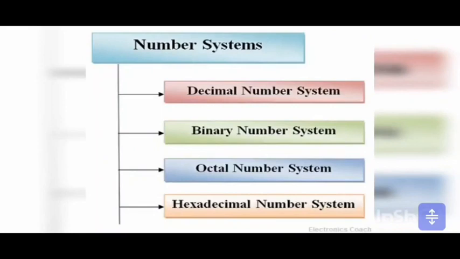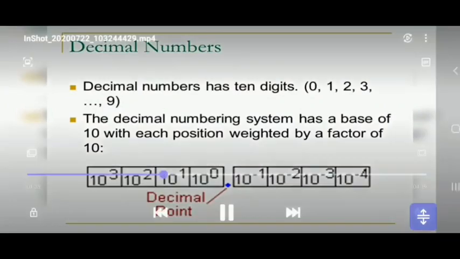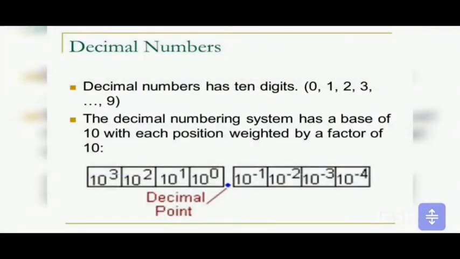As we can see on the screen, there are 4 parts, and we will explain them one by one. Each has its own base value. Binary has 2, decimal has 10, octal has 8 and hexadecimal has 16. For calculation, the computer works on these base values, finds the solution and stores the data accordingly.